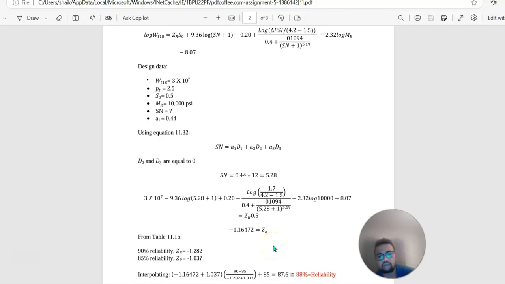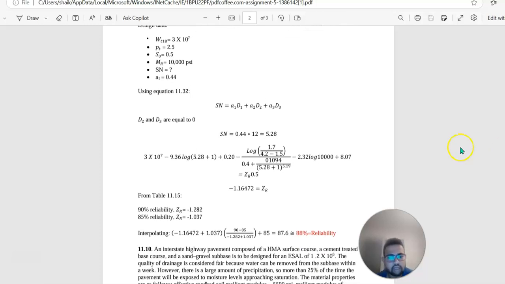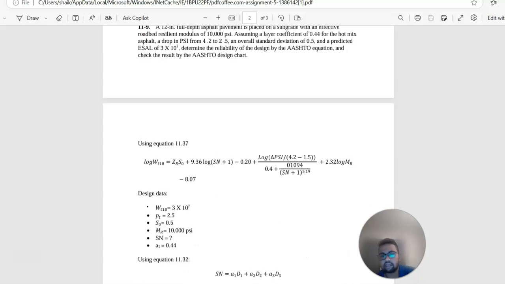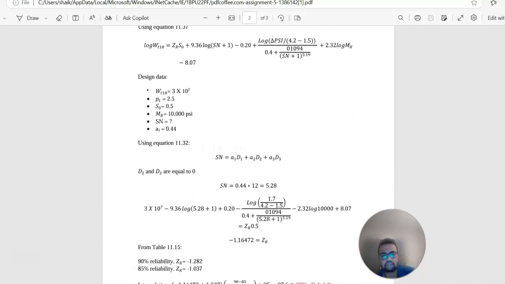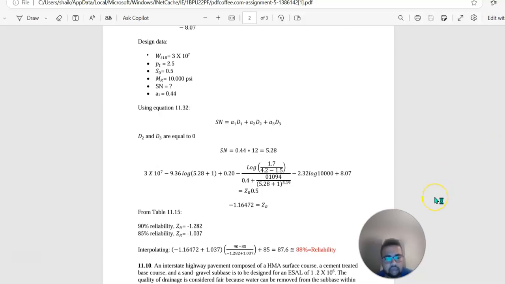We got a value from manual calculations of minus 1.64. From Table 11.15 in our textbook, 90% reliability has Z_R equal to minus 1.282. We need the answer in 88%, as mentioned in the question itself. So interpolating between 90% and 85%, we need the midpoint of both.